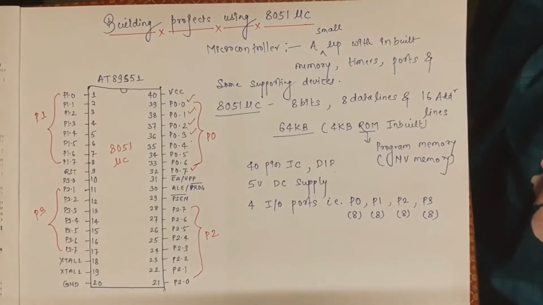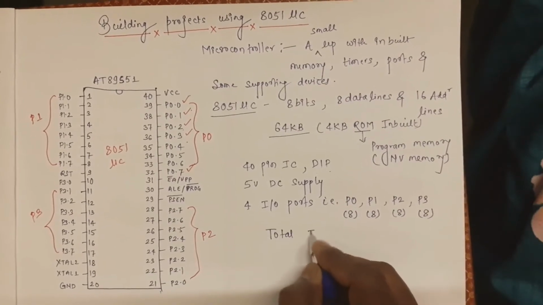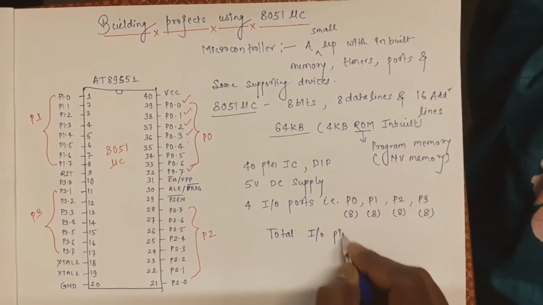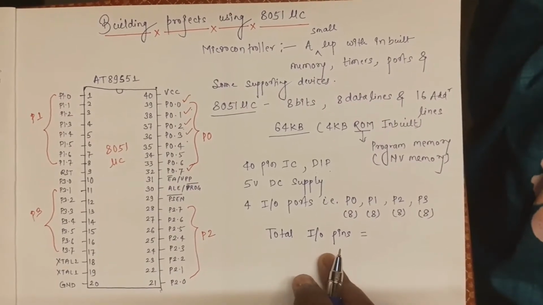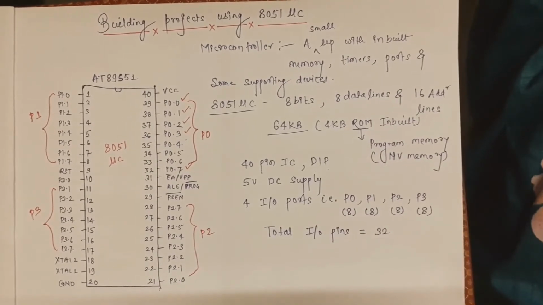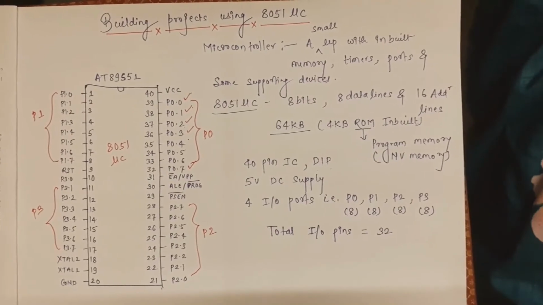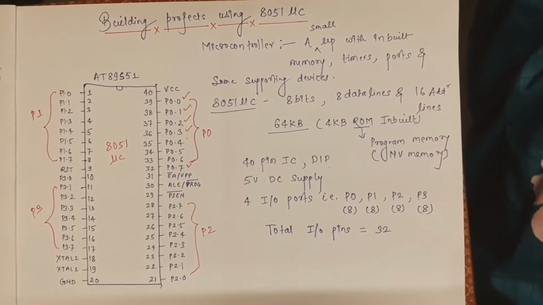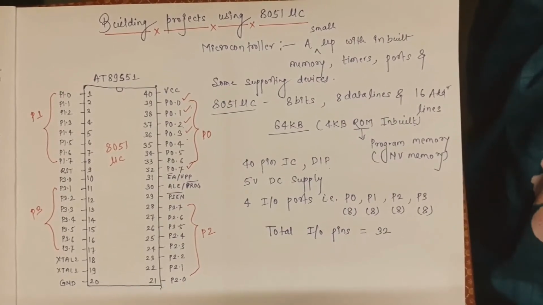Therefore, the total IO pins present in 8051 microcontroller is 32. It means that maximum 32 input output devices you can interface or connect with 8051 microcontroller simultaneously.